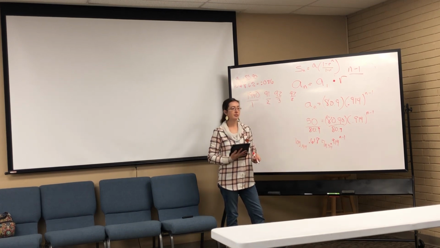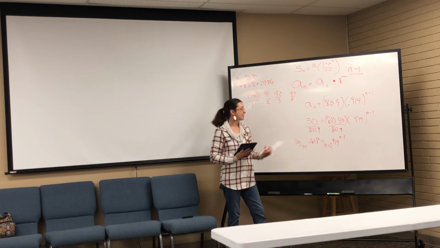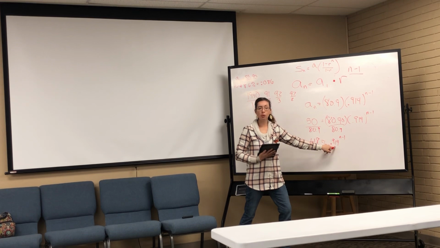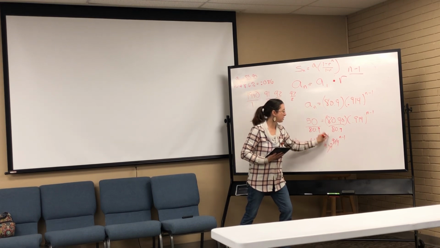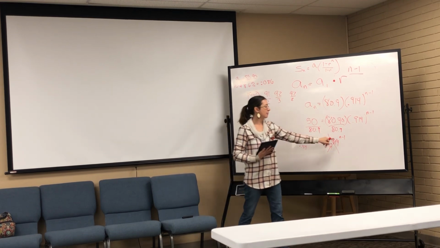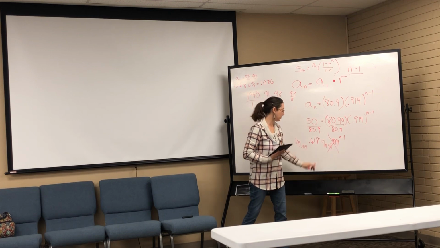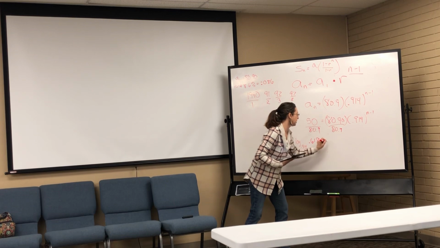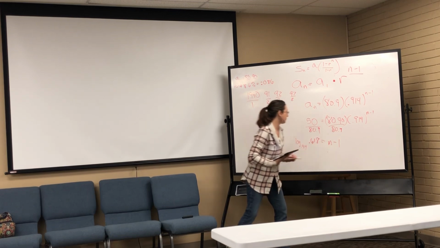Why did I do that? To get rid of the base, because when the base and the value match, it disappears, and all I'm left with is the exponent. So now I get n minus 1.